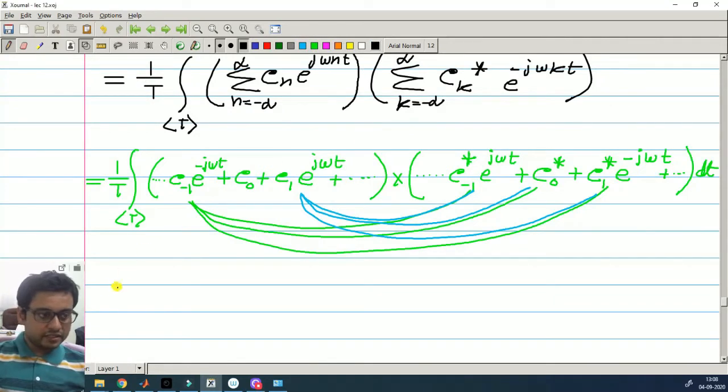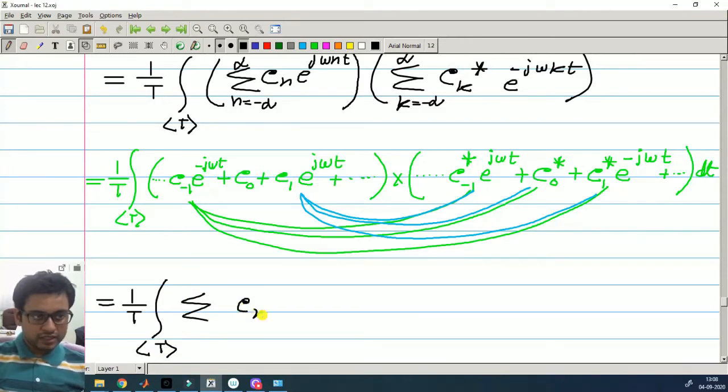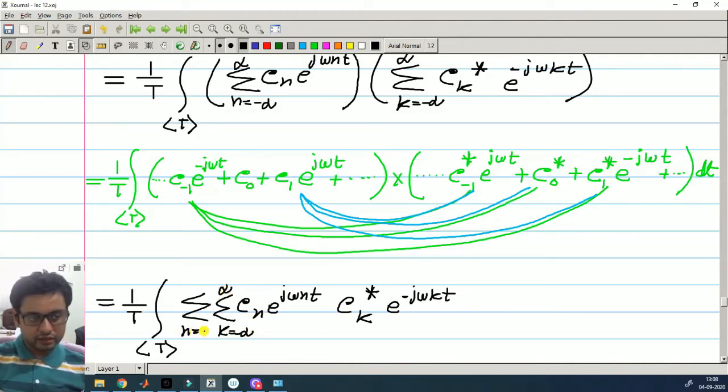So if I write this summation in this way, sum over Cn e to the power j omega nt, each of these terms for each value of n will get multiplied with ck star e to the power minus j omega kt, for all k minus infinity to plus infinity, and for all n minus infinity to plus infinity, dt.